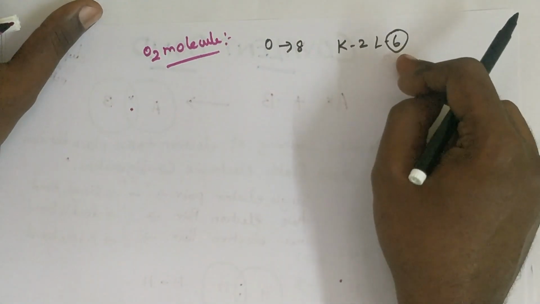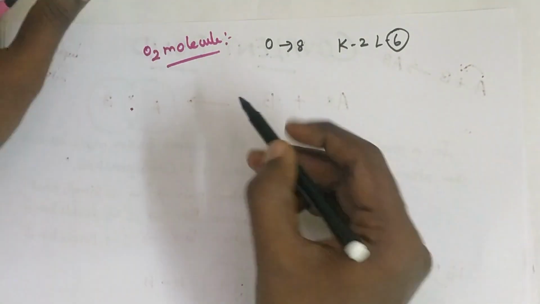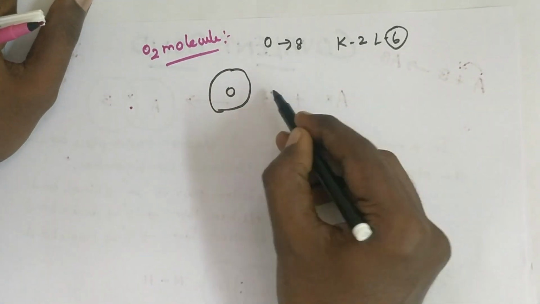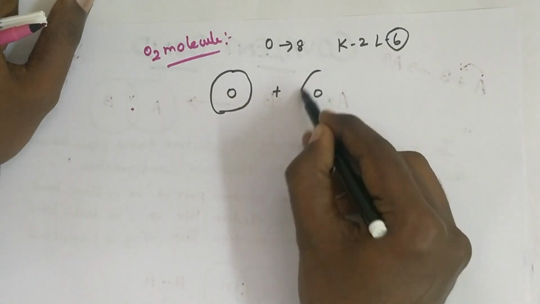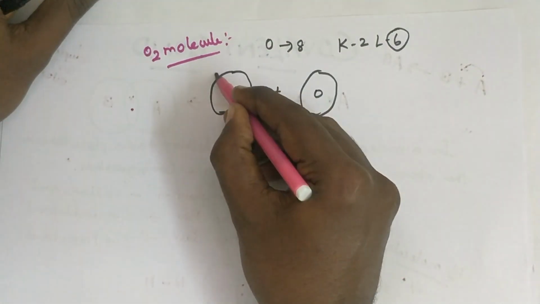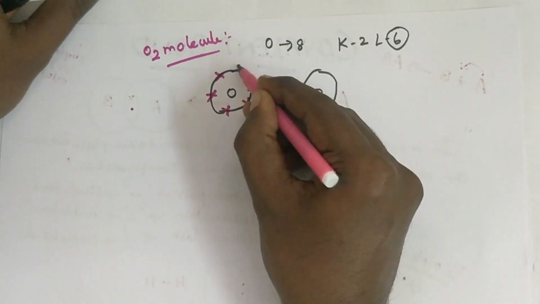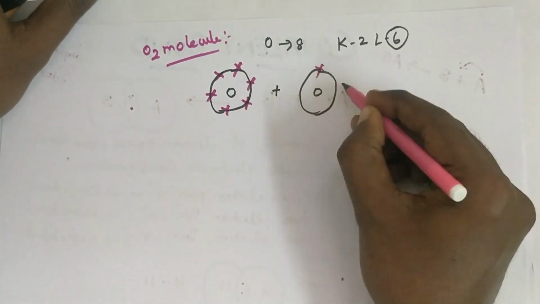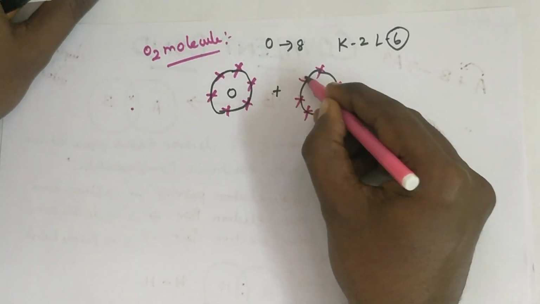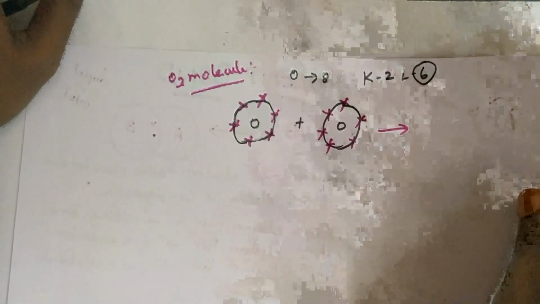You have to see only the valence electrons of an atom. So this is oxygen plus oxygen. They have 6 valence electrons: 1, 2, 3, 4, 5, 6. And this is 1, 2, 3, 4, 5, 6. These two combine to form an oxygen molecule.